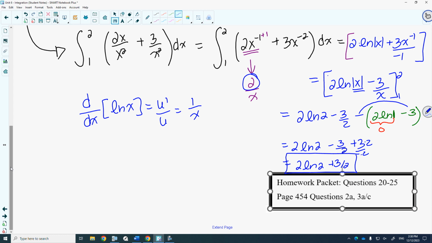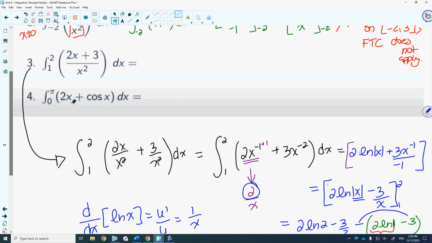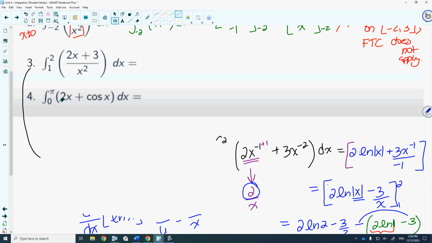Let's do the last one. This is going to see if you guys remember what the antiderivative of cosine is. Okay. What I recommend doing, if ever you have sine or cosine, is writing what the derivative of the function was.